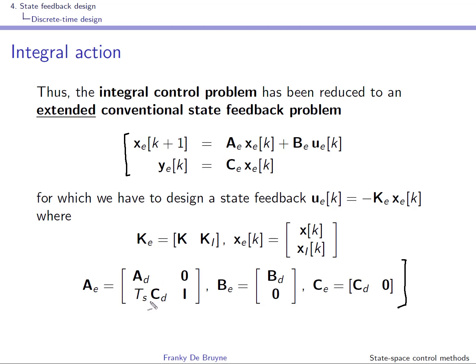You can see it already here. There is of course a dependence on Ts. Once you have this extended state space representation, you can design a state feedback for it over here, using the method that you like, pole placement or discrete LQR, and then splitting the state in original state and integral state, you can obtain K and Ki, and these will be used in the implementation, as we will show next.